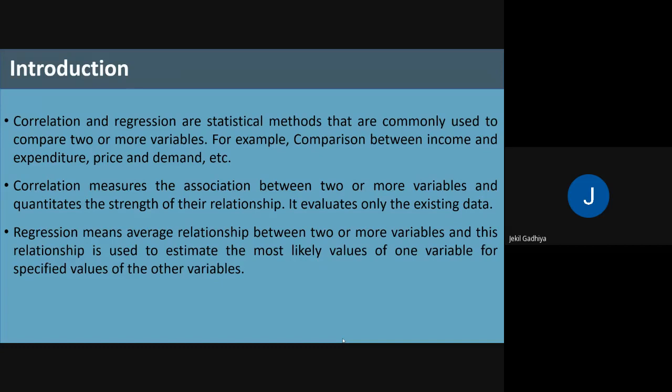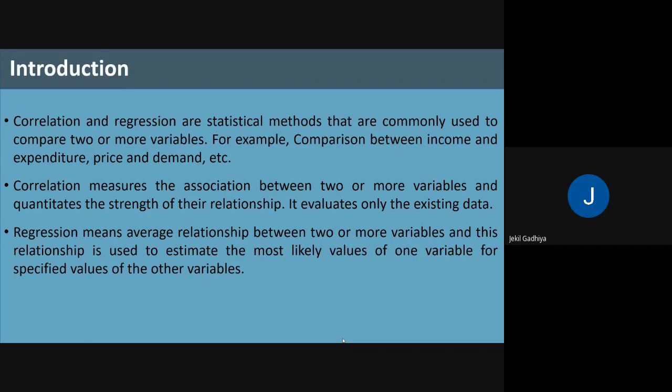Okay, so in simple meaning, using correlation and regression, we can represent the relation between two variables, or more than two variables. And what is the major difference between them?